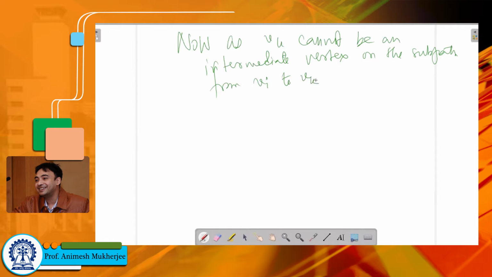So Vk cannot be an intermediate vertex on the subpath Vi to Vk.